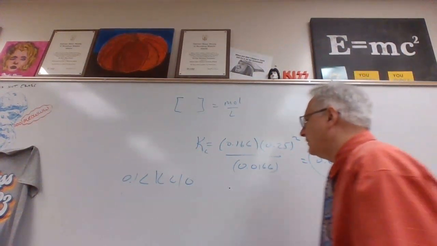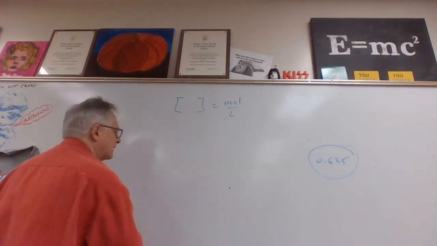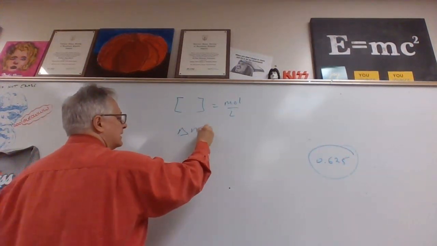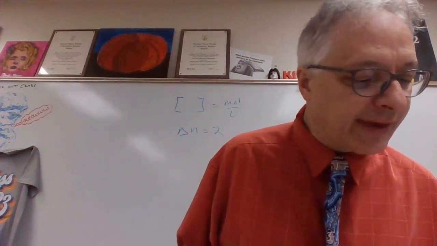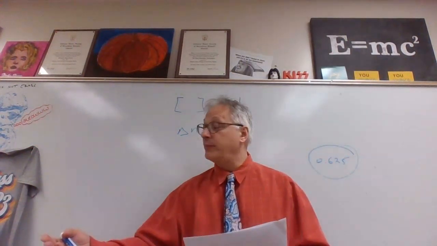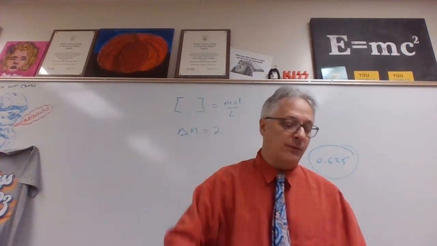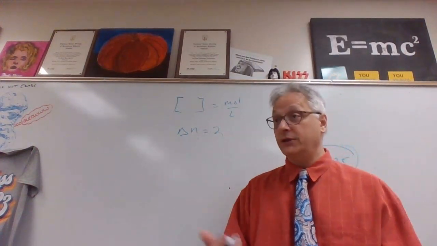Now, what about Kp? Kp is interesting because my delta n here is 2, and hopefully you can see that because we have 3 moles of gas on the product side, 2 moles of HCl and 1 mole of POCl3, and on the reactant side we have 1 mole of water. So 3 minus 1 is 2.